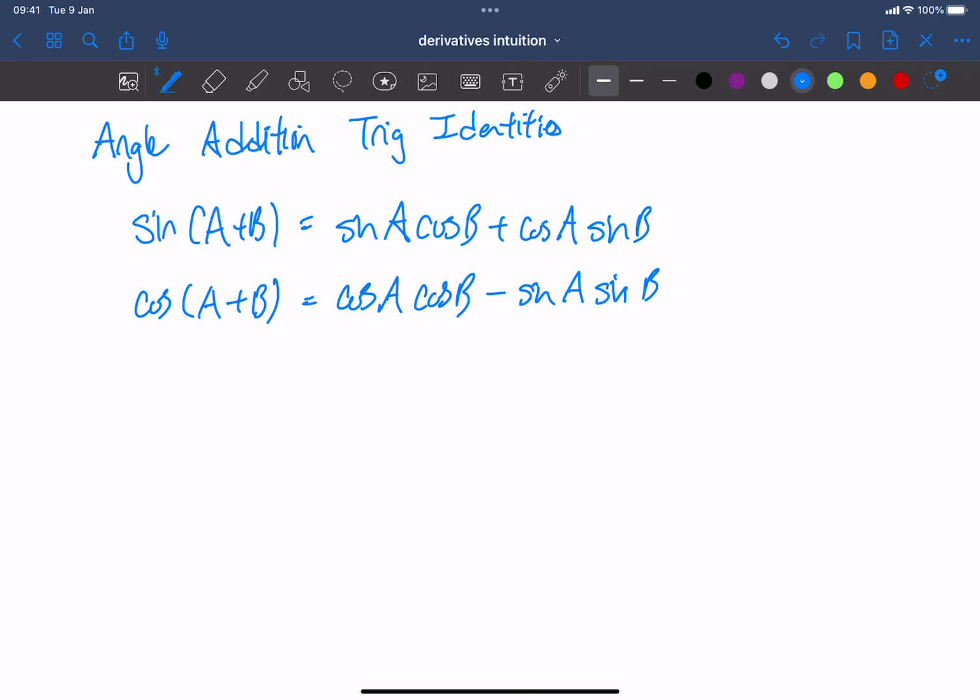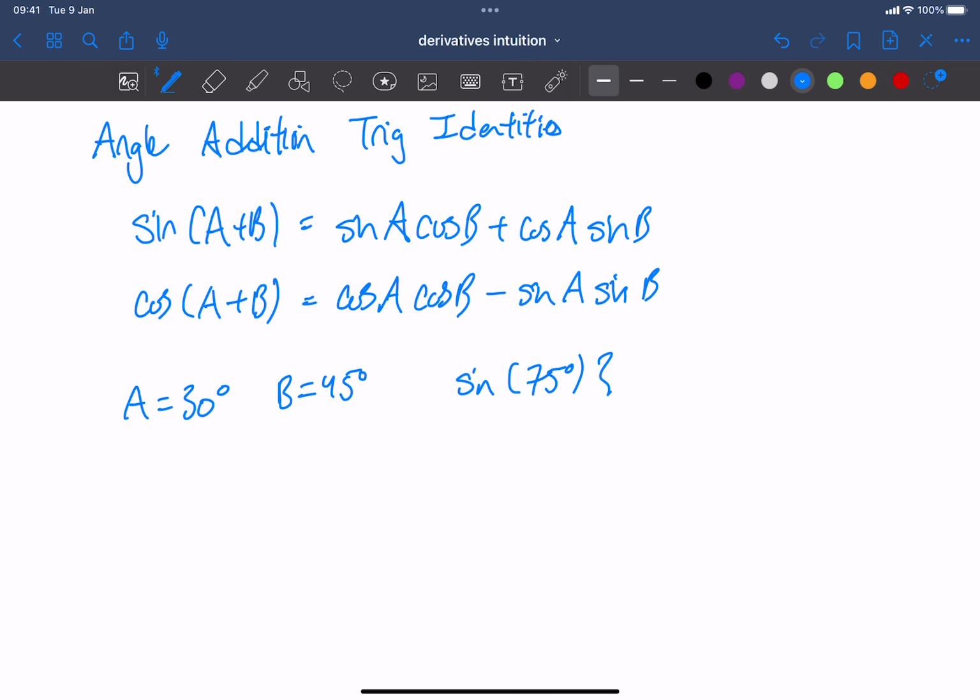So suppose you know two angles. Let's say A equals 30 degrees and B equals 45 degrees. How do you find sine of 75 degrees? As we know from the unit circle, we can find what sine of 30 degrees and sine of 45 degrees are, because these are common angles which we are taught to memorize in the unit circle.